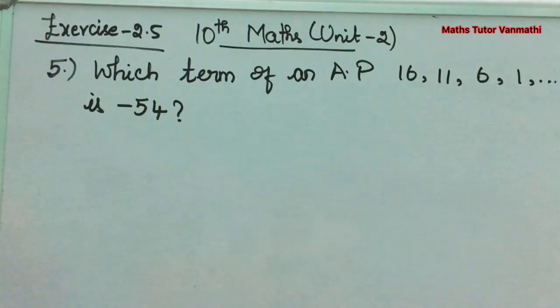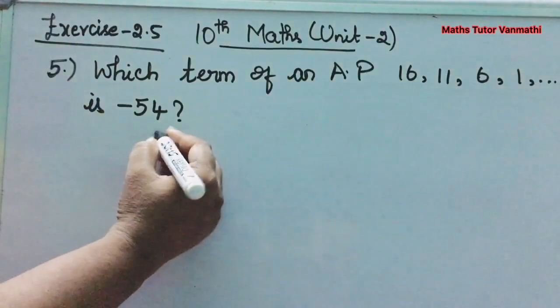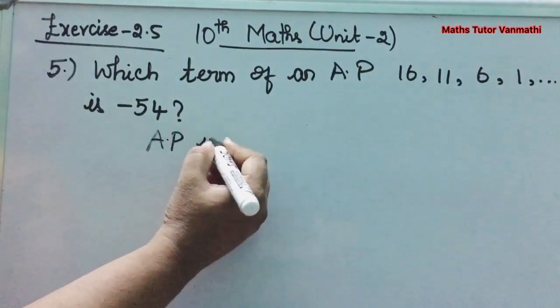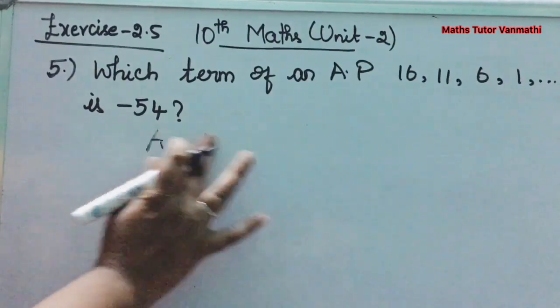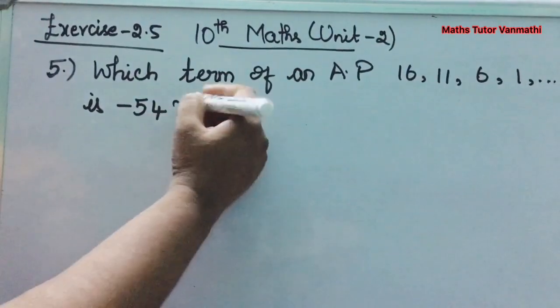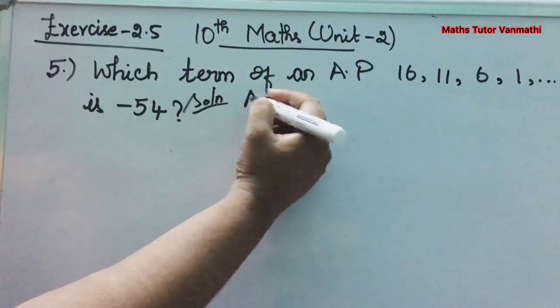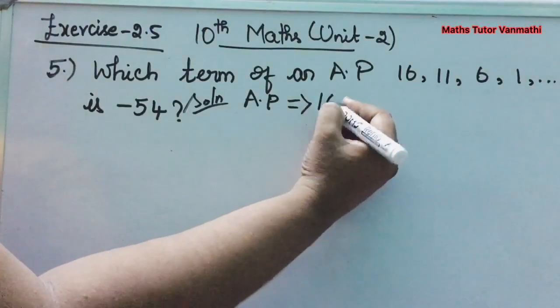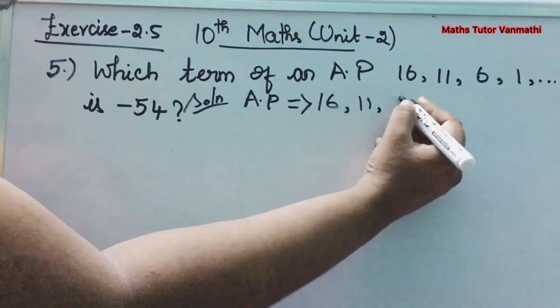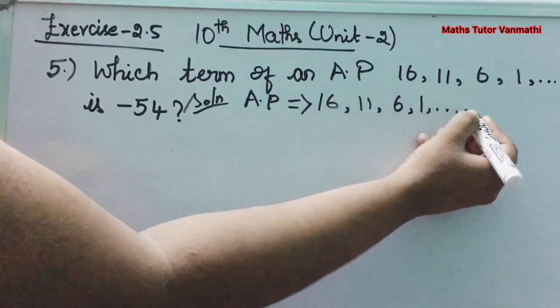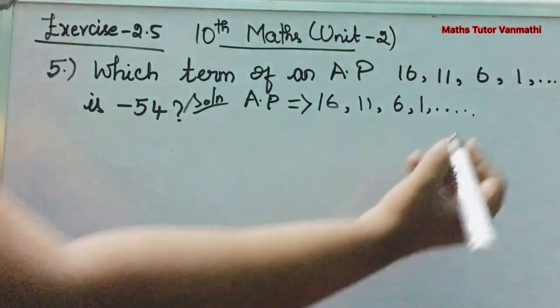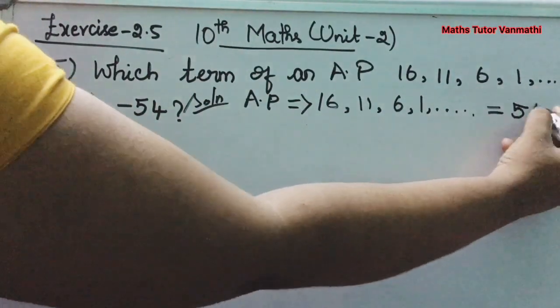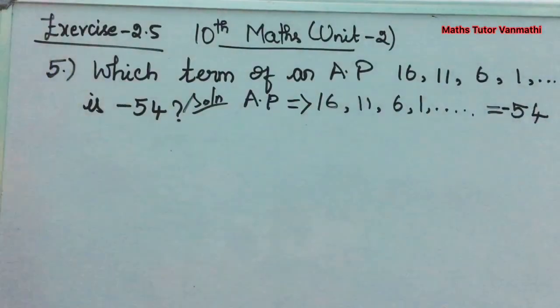What they have given is the arithmetic progression 16, 11, 6, 1, etc., which equals minus 54. That is, the Tn value is minus 54.